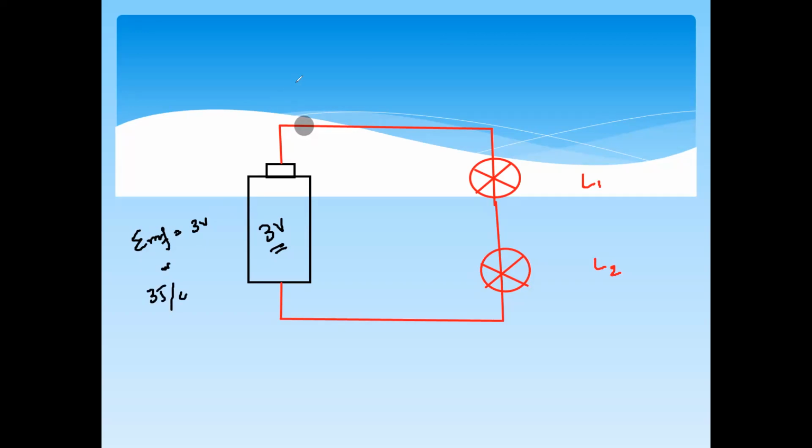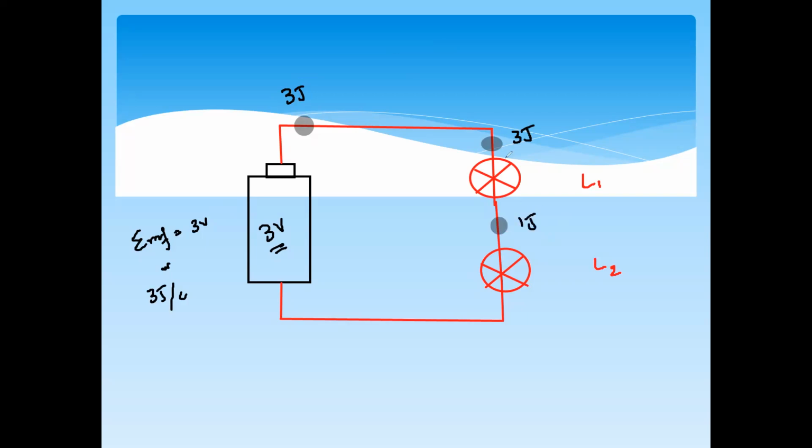It means when 1 coulomb of charge is coming out, how much energy does it carry? It carries 3 joules of energy. When this charge starts to move, because the charges transfer the energy, before entering the lamp it was having 3 joules, but when it passes through the lamp, the charge has to transfer some of its energy.